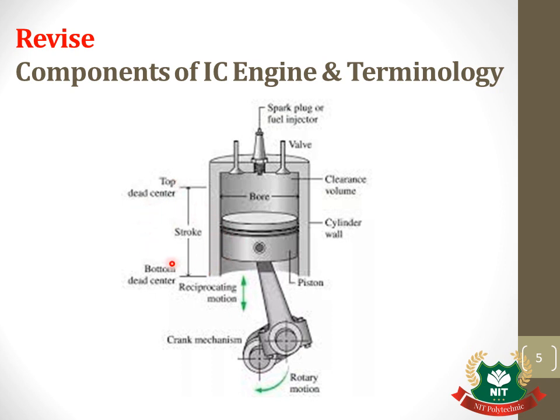This is a very important concept: stroke, top dead center and bottom dead center. In the engine, we also have two valves. One is known as inlet valve while the other one is known as exhaust valve. So these are the basic components of an IC engine, and this terminology is useful to us during the next topics.